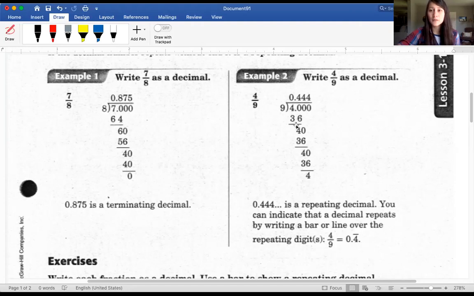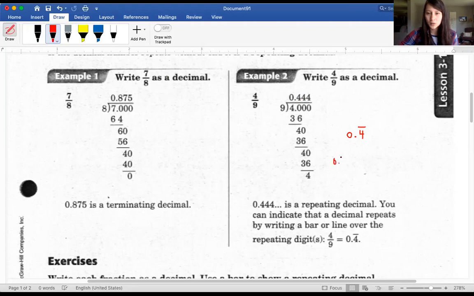And if your decimal is repeating, then you can write your answer as a decimal and put a line above the repeating values, right? So if this is 4 repeating, 0.4 repeating, then it's 0.4 and then with a line above.